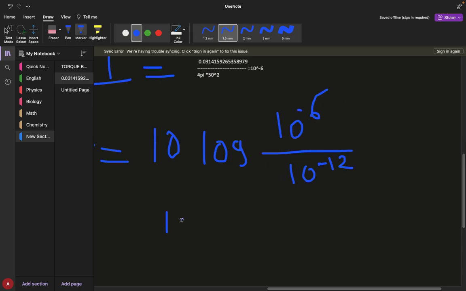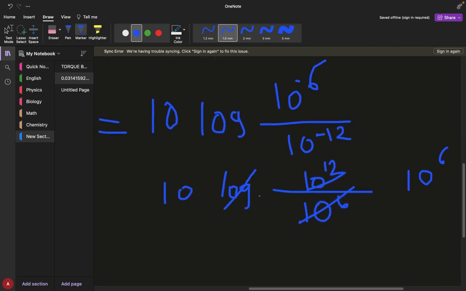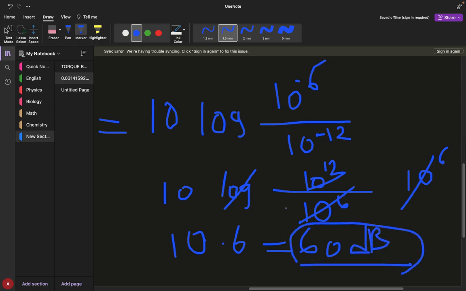So it's like 10 log. You don't need a calculator for everything, just save time. So 10 to the power of 12, 10 to the power of negative 6, which is 10 to the power of 6. 10 times 6, 60 dB. There you go. That's the answer.